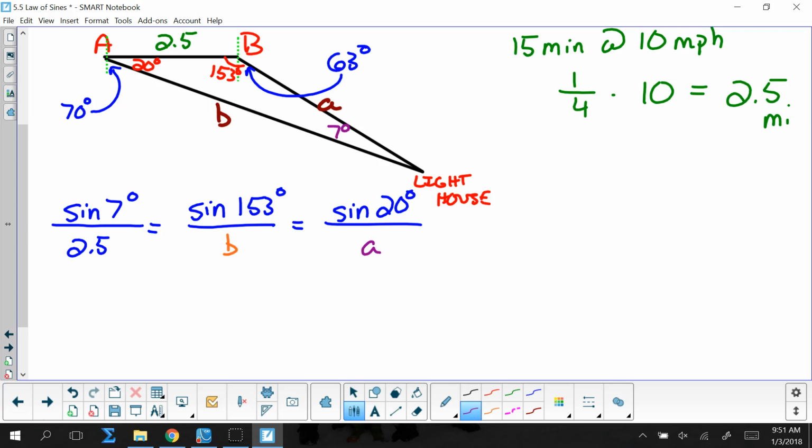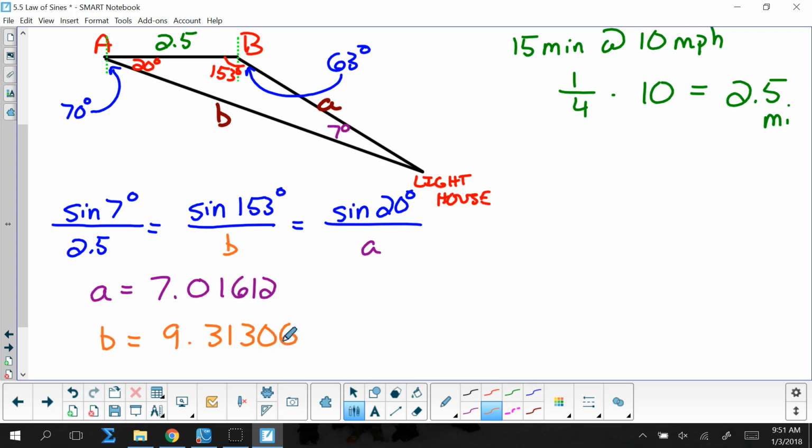If you do that math, you should get side A as 7.01612, or you would get side B as 9.31306.